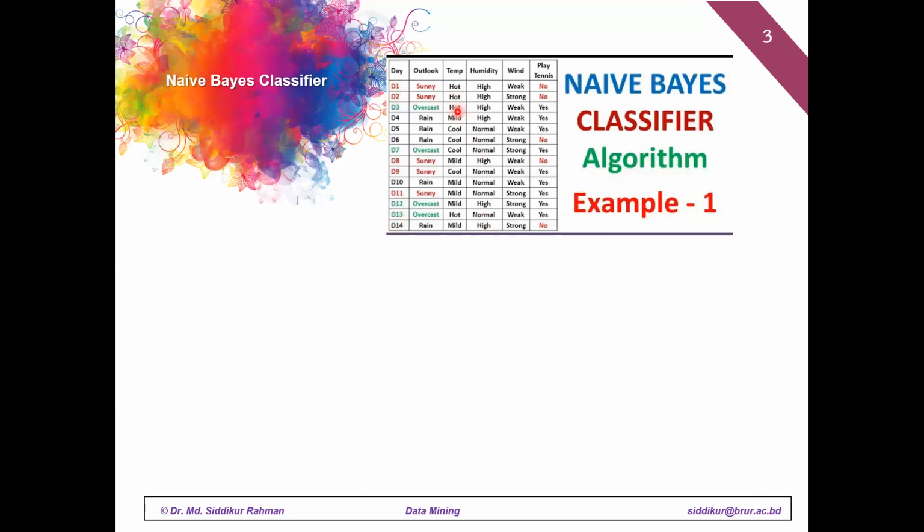The temperature might be hot, cool, mild, right? The humidity could be high, normal, right? And the wind may be weak or strong. And finally, suppose the tennis match is going to be held or not. So this is a binary classification problem.